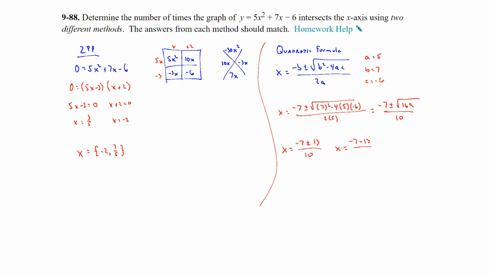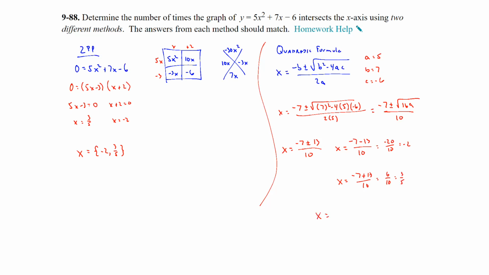So negative 7 minus 13 divided by 10, and then we also have to do the positive, negative 7 plus 13 divided by 10. So we get negative 20 divided by 10 is negative 2, and then 6 divided by 10, reduce that by a factor of 2, and that is 3/5.